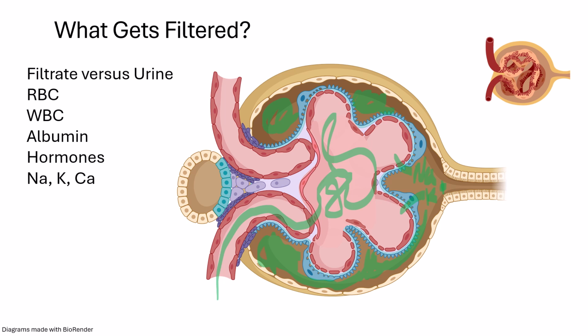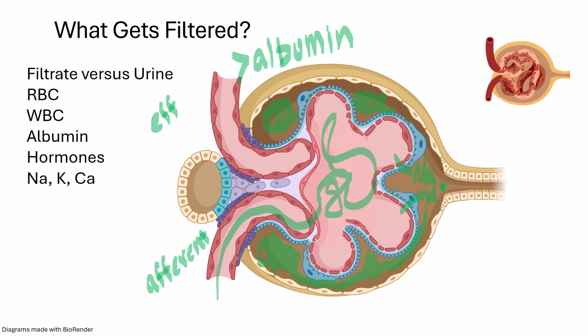Any substances that are larger than albumin will remain in the blood capillary and will not be filtered out into the capsular space. And remember that this here is an afferent arteriole, whereas this one up here is called an efferent arteriole. Of course, your red blood cells and white blood cells are larger than albumin.